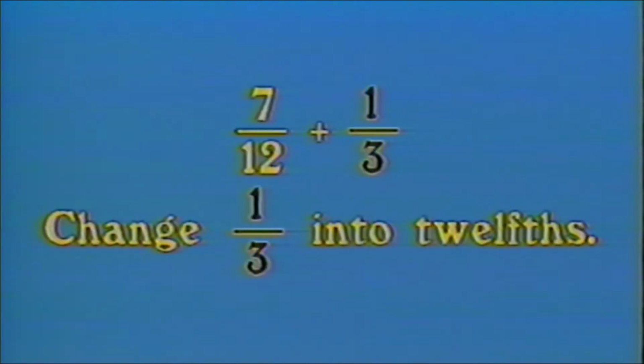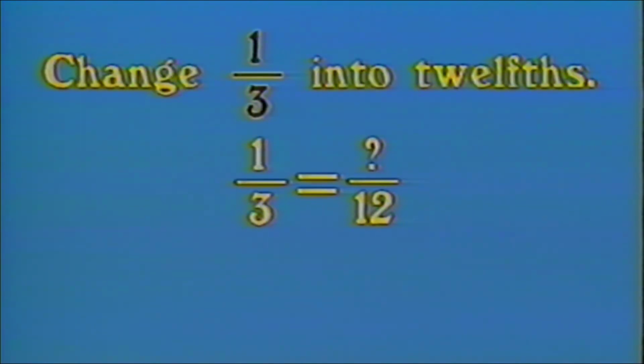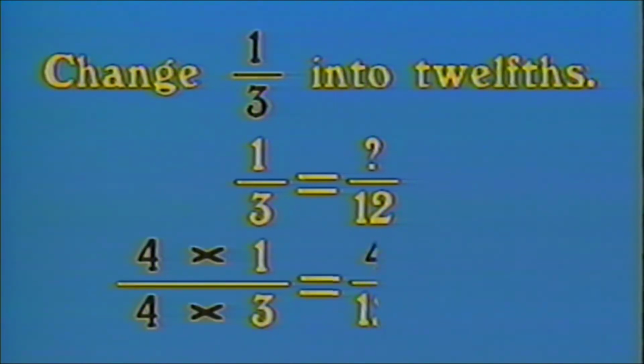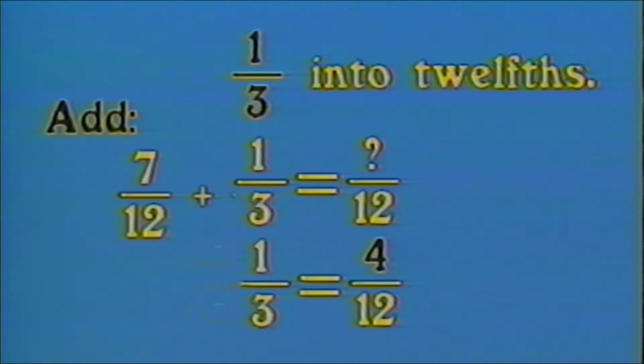But we convert 1/3 into an equivalent fraction with denominator 12. Both the numerator and the denominator of the fraction should be multiplied by 4. 1/3 is equal to 4/12.